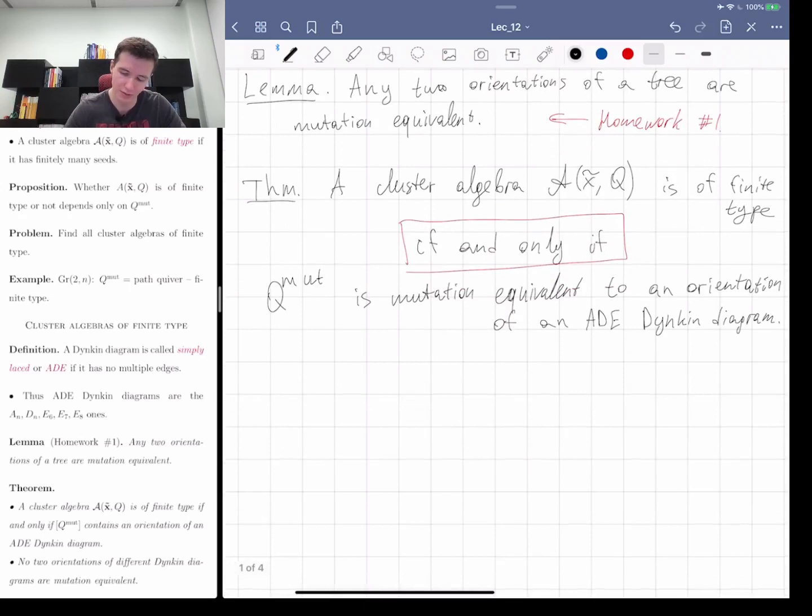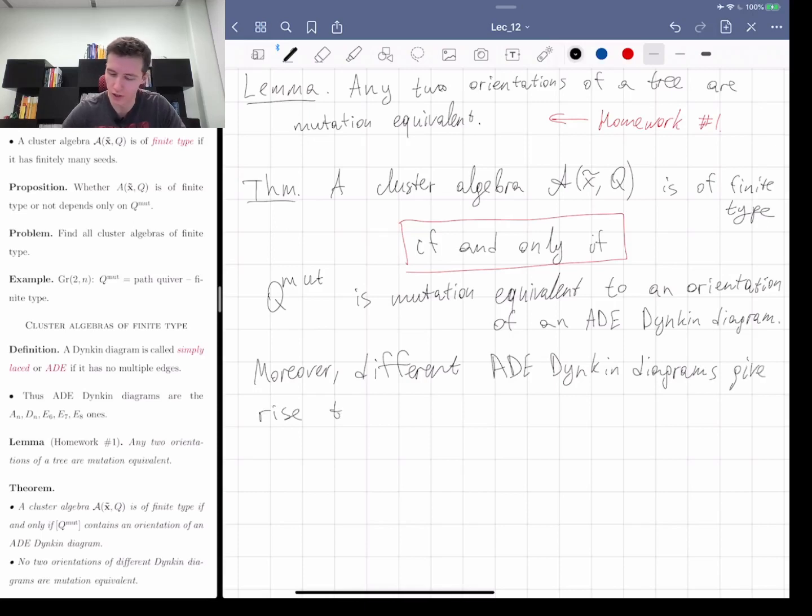So moreover, different ADE Dynkin diagrams give rise to quivers that are not mutation equivalent.